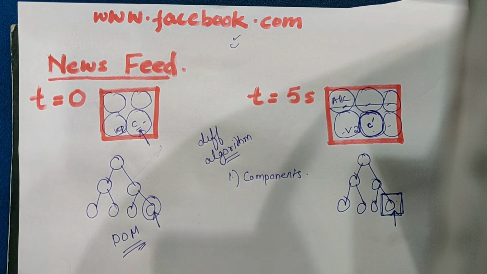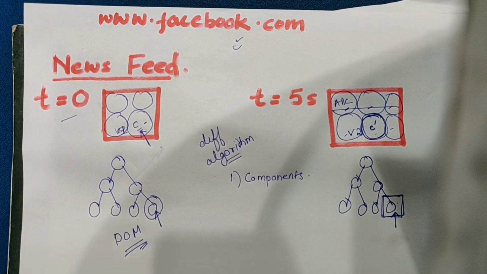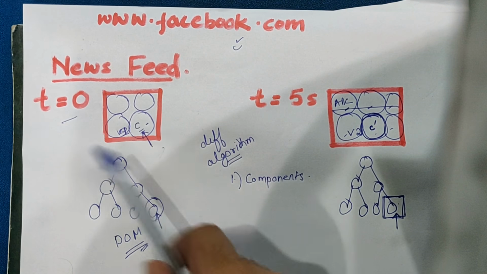So guys, let's take an example of a Facebook news feed, right? And let's see how the news feed gets refreshed whenever my friend shares a post on Facebook. At time t equal to 0, my news feed looks something like this.